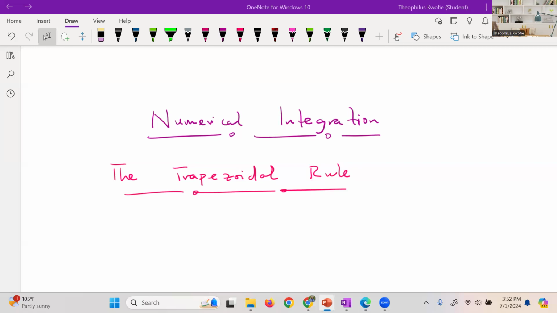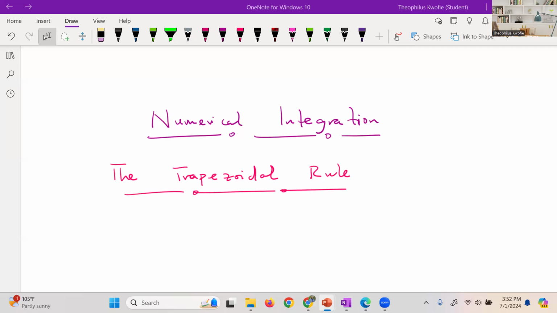Now, the trapezoidal rule, as I mentioned, is a very powerful method for finding an approximate value of a definite integral. Why are we so interested in the trapezoidal rule?